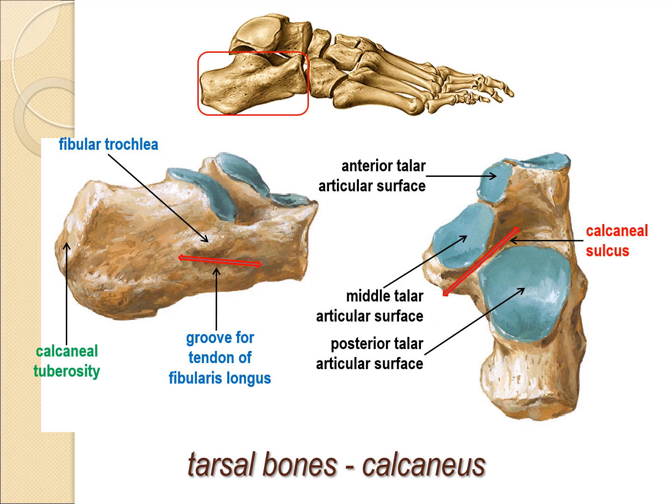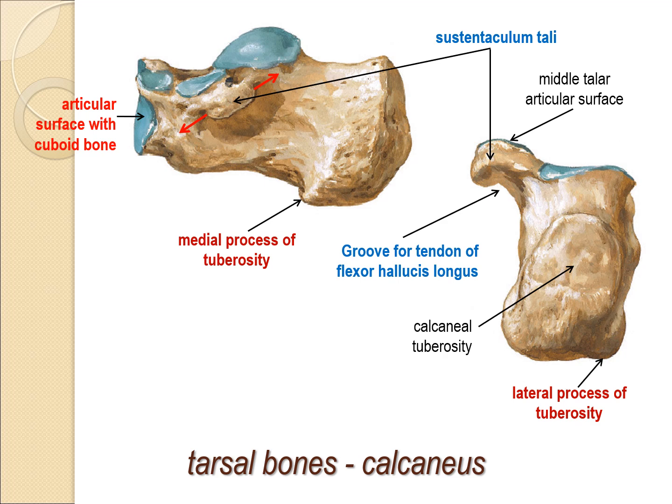At the posterior surface is visible calcaneal tuberosity. At the medial surface of calcaneus is visible structure named sustentaculum tali. Below sustentaculum is located groove for tendon of flexor hallucis longus muscle.